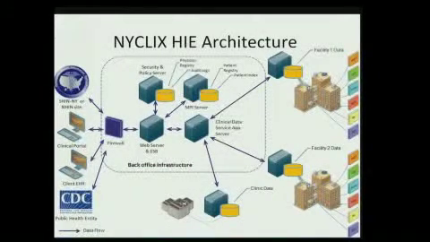The architecture that NYCLIX uses is a federated model health information exchange with all the information residing in the organization's data repositories with edge servers that provide information record to a centralized master patient index, provider directory, and record locator service. So there's no central data repository per se for the identifiable information.